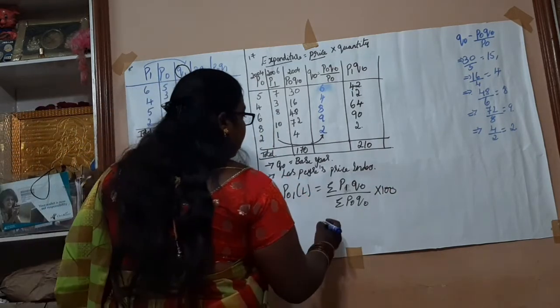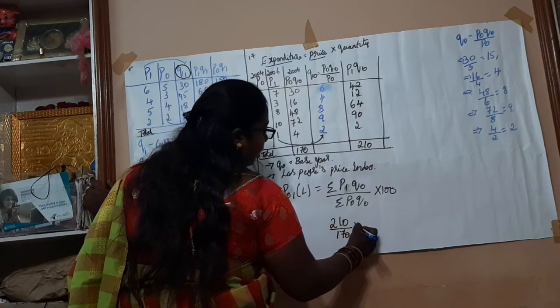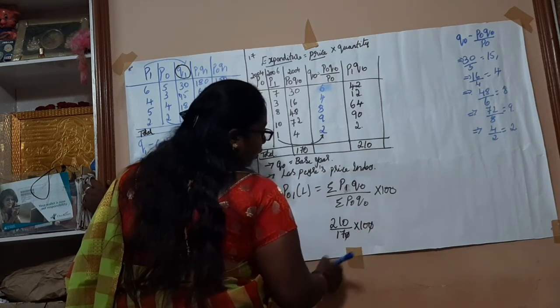So you will get here 210 divided by 170 into 100. 0 will get cancelled.